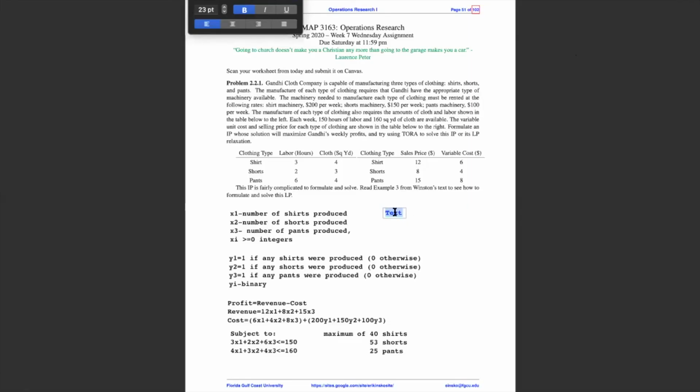Okay, so again, our maximum profit is $75 when we produce only pens. We don't produce anything else, and we produce 25 of them.